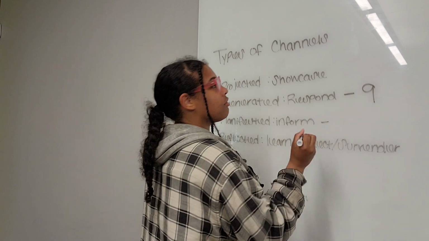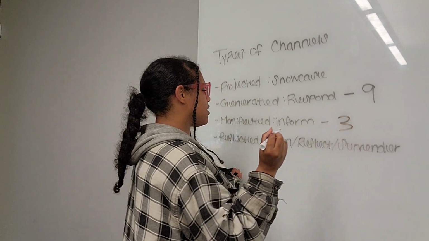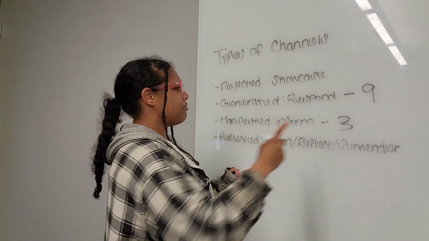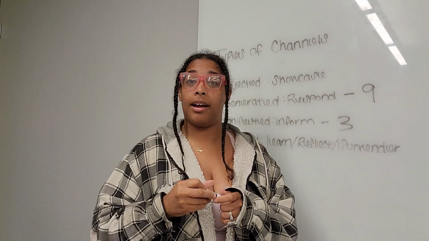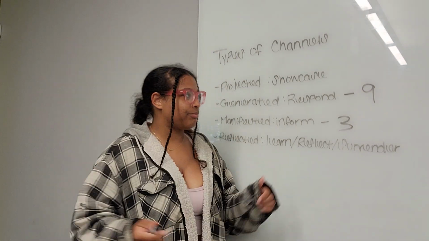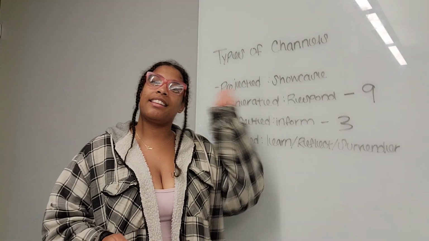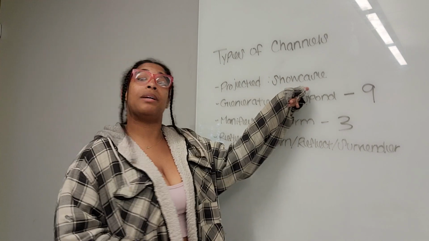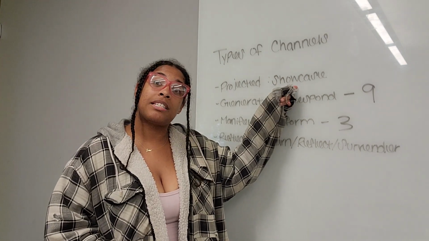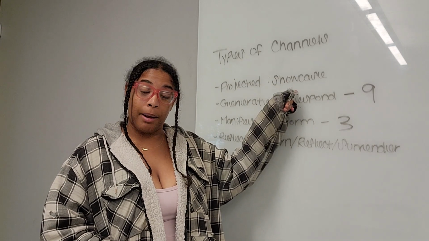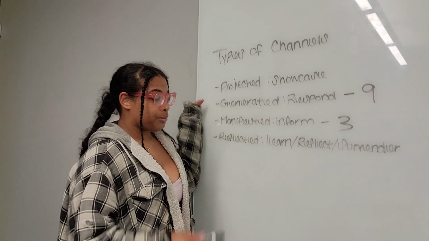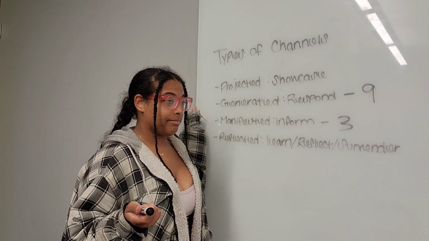We have 3 manifested channels. 12, 20 projected channels. Math is not my forte, clearly. So most of the channels in the human design body graph are projected, which means that wisdom needs to be invited.